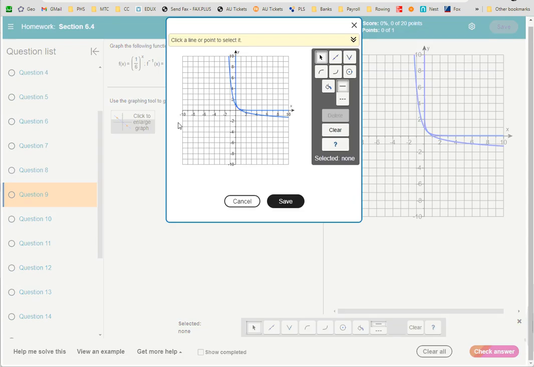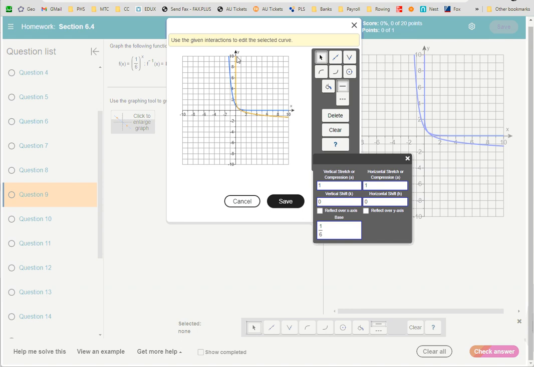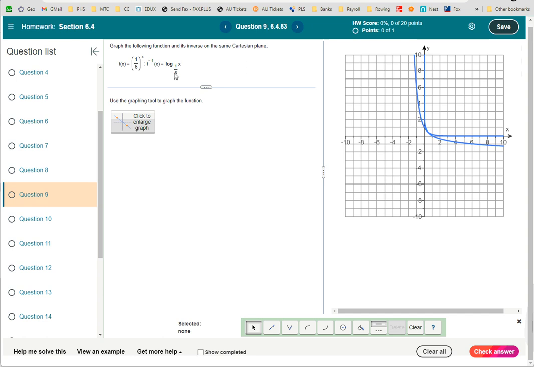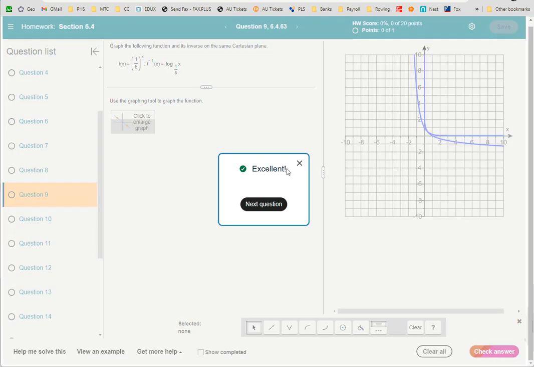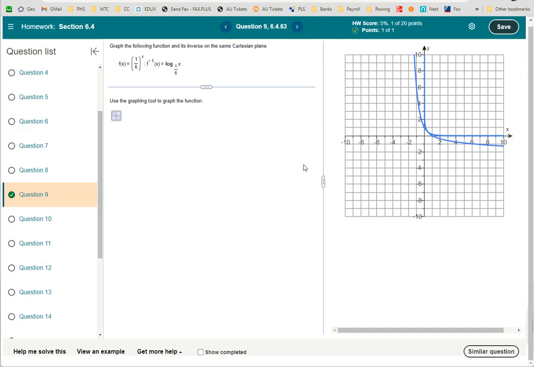The typical thing is that they didn't change the base. So the base was still e, or the base was 5, or the base was 1. We've got to change the base to the correct value that we have up here. Then we can check our answer, and excellent, we've got it. Just wanted to bring that to your attention. So we start with the graph tool, and then we go from there.